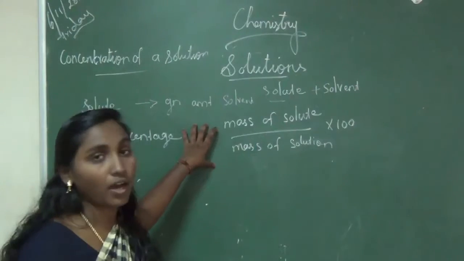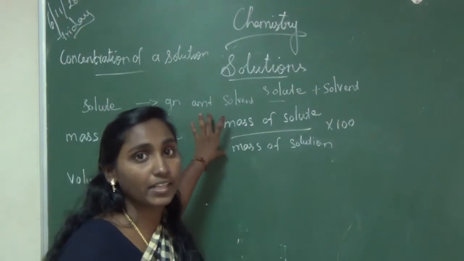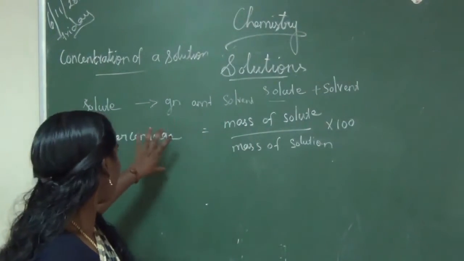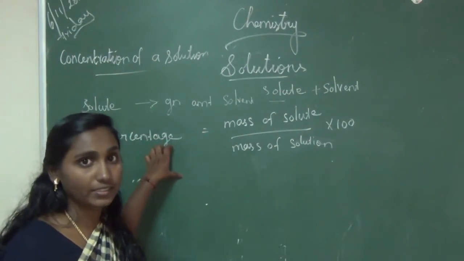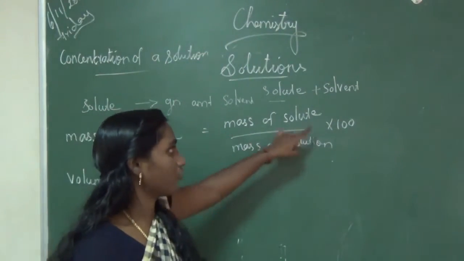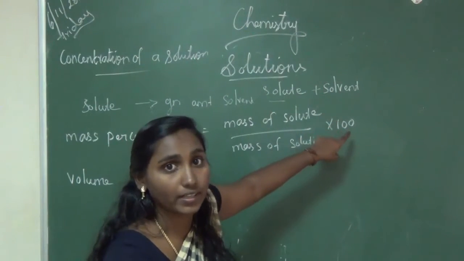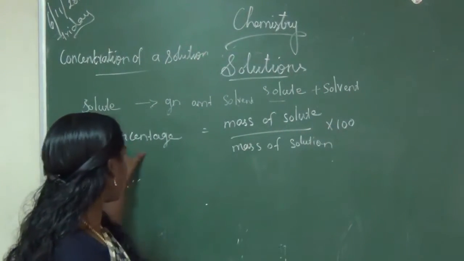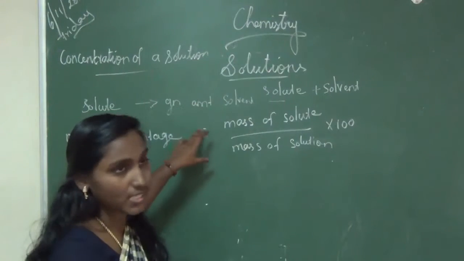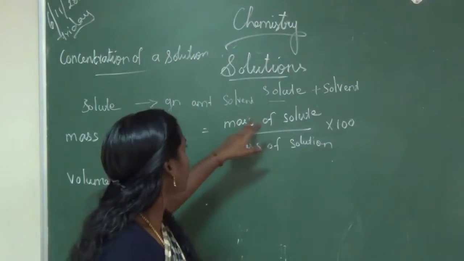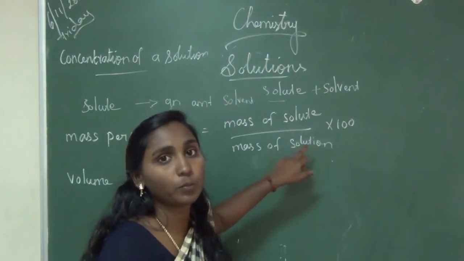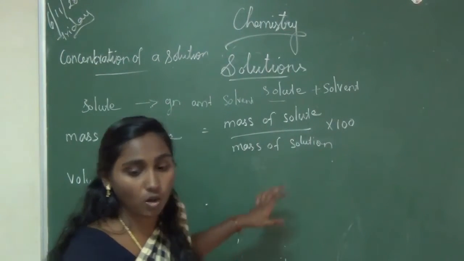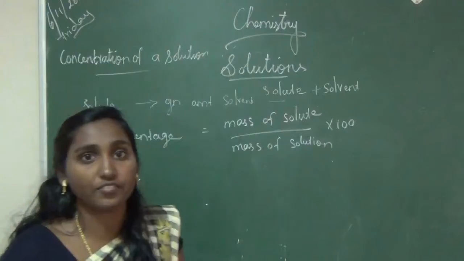From this formula we are going to write the definition, okay? So listen carefully. Mass percentage of a solution is defined as the percentage of mass of solute present in a given mass of solution. That is called the mass percentage definition.